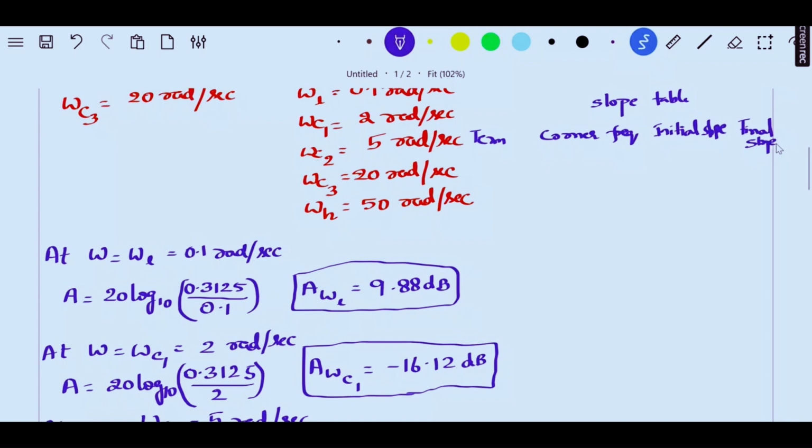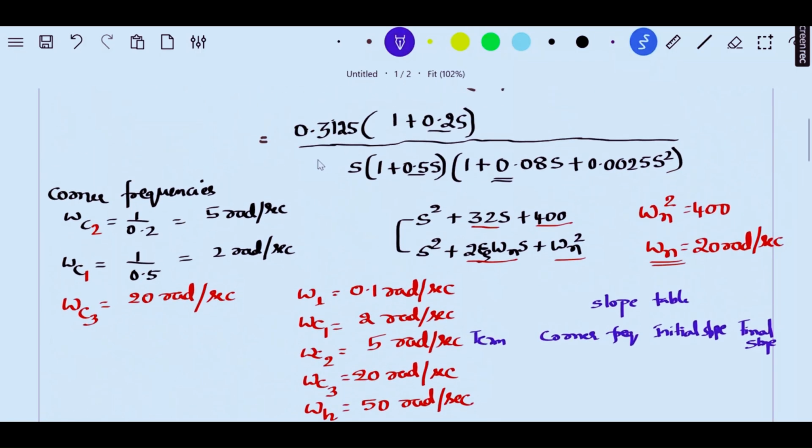Okay, initially we know that the term K by j omega, which is 0.3125. So if I substitute s as j omega, I will replace s with j omega. I'll just write it here only.